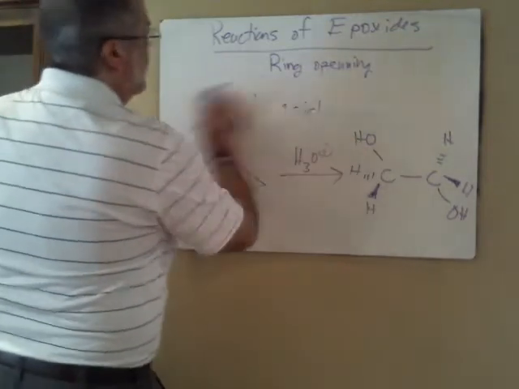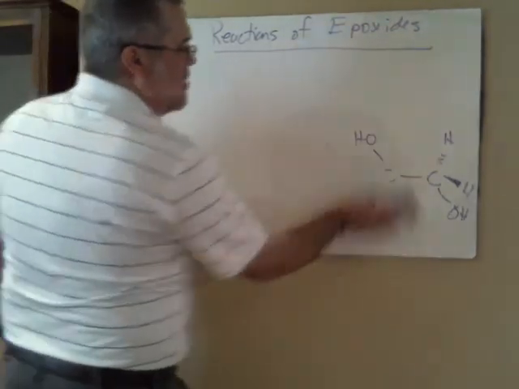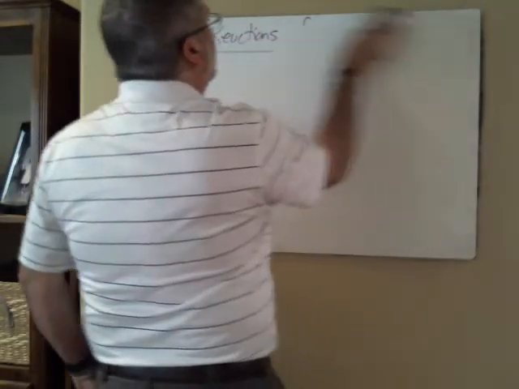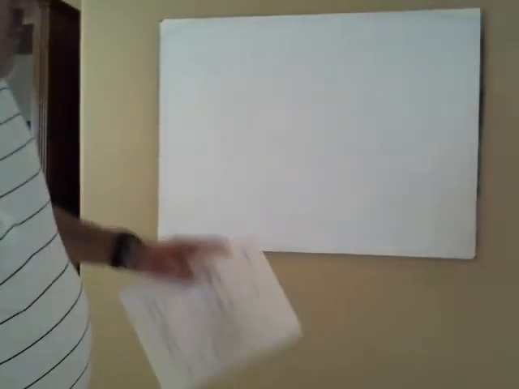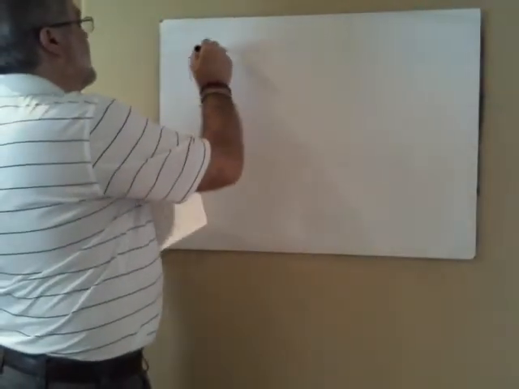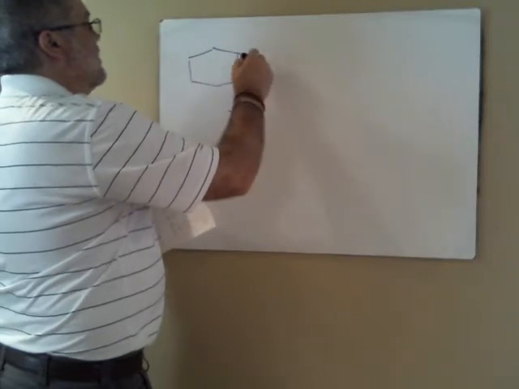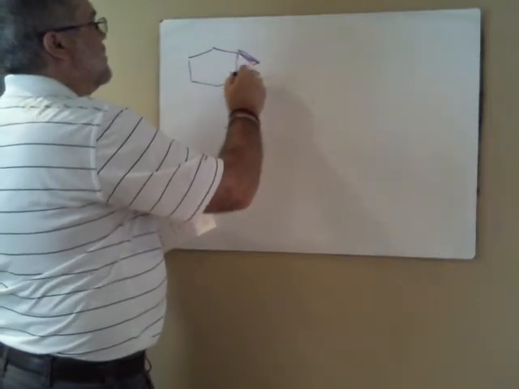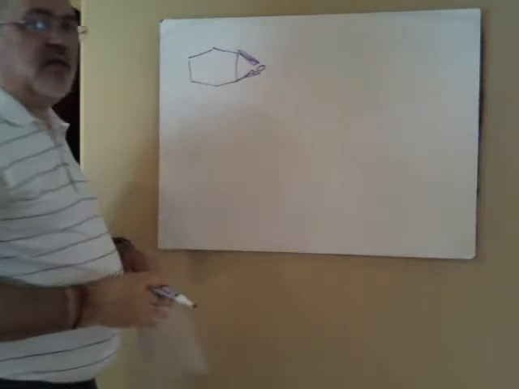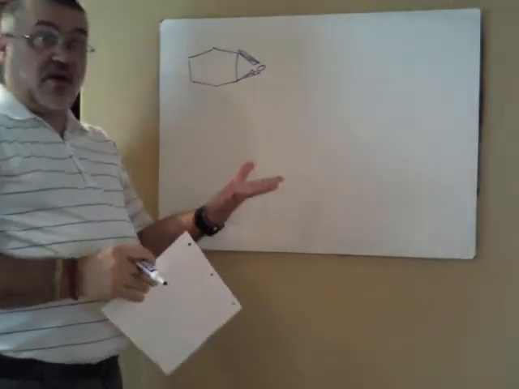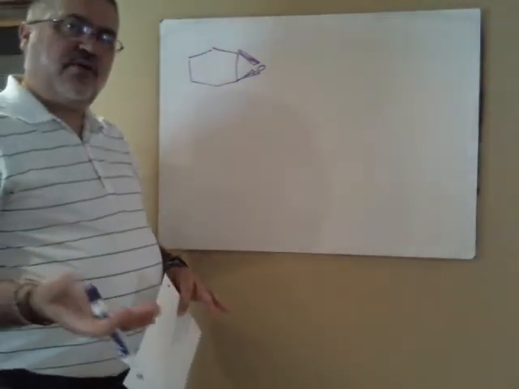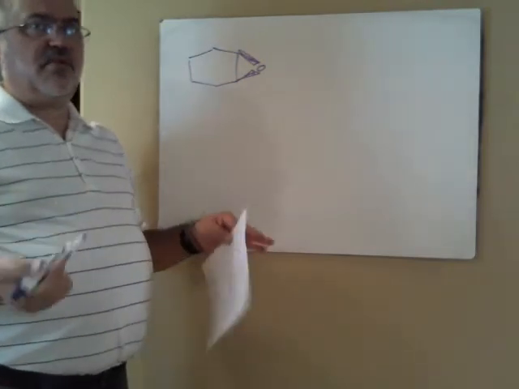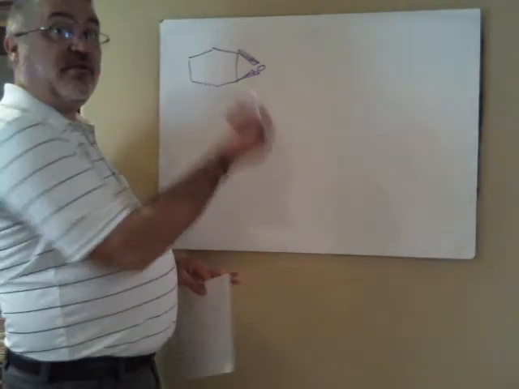Let's look at a different example of it and see if you can come up with the mechanism. Let's say that we have this epoxide, and I'm using this one because I want to demonstrate the stereochemistry. Regiochemistry here isn't important because I'm ending up with an OH on both of the carbons, right?